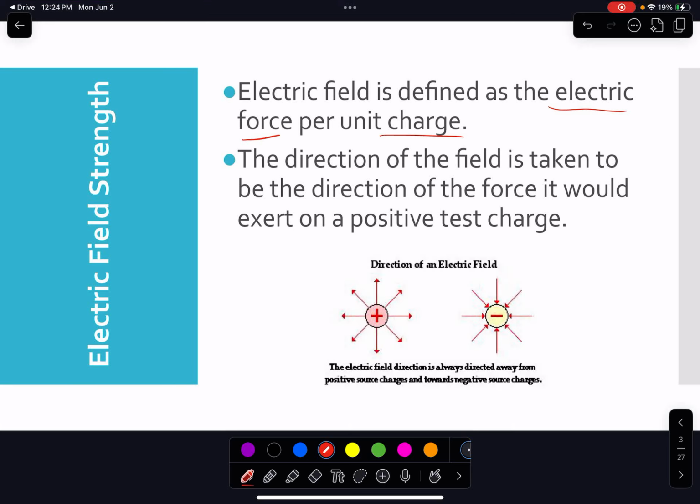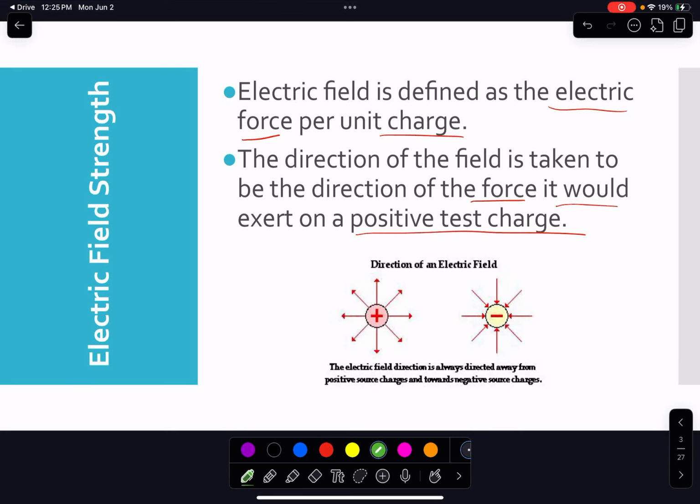And so it's going to be the force applied per amount of charge, okay? And the direction of the field is the direction the force would be applied if it was a positive charge.